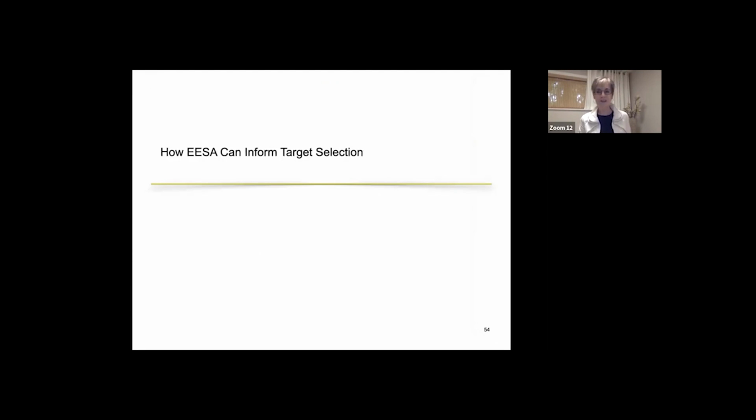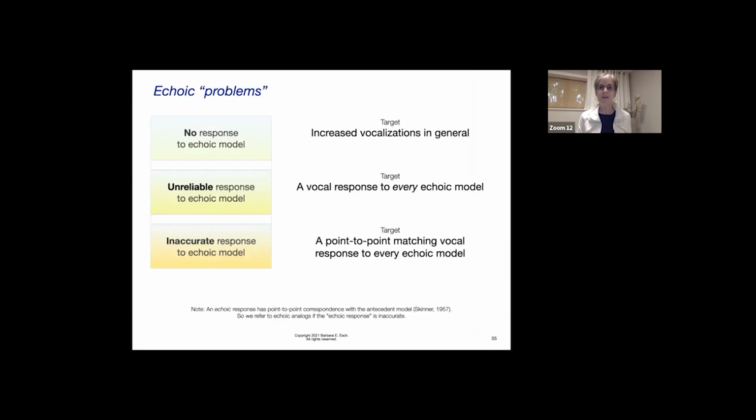So we'll get into a little bit about phoneme complexity here in our last segment of the talk, and that is, how can the ESA inform target selection? Well, let's take a look at different kinds of problems that we might call echoic problems. Number one is there's no response to an echoic model.